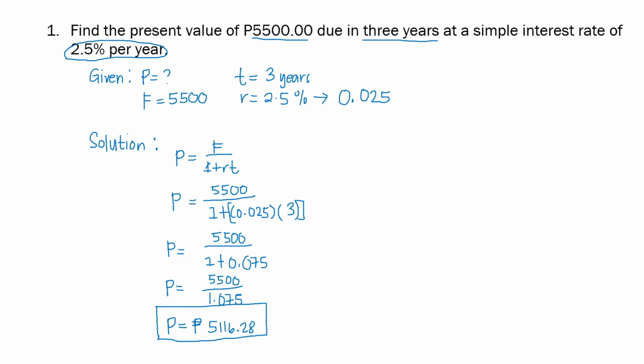So from the problem, nanginahanglan ta og present value or principal nga 5,116.28 para makakuha ta og 5,500 after 3 years sa rate nga 2.5% per year. So this is our final answer. Again, final answer is 5,116.28. Okay, next problem.